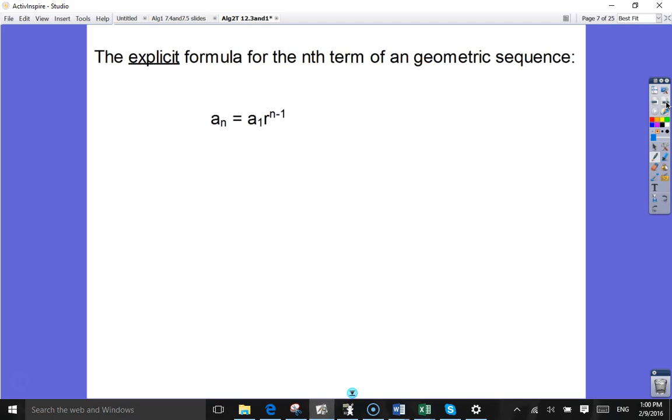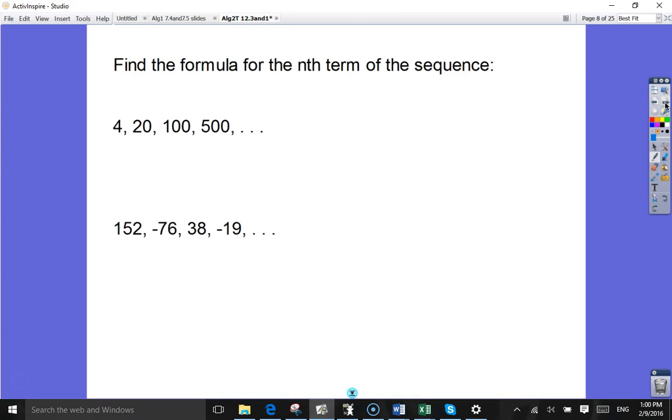And anything to the 0 power is 1. So then you just get a1 equals a1, which it should, right? That's why it's got to be n minus 1, not n.